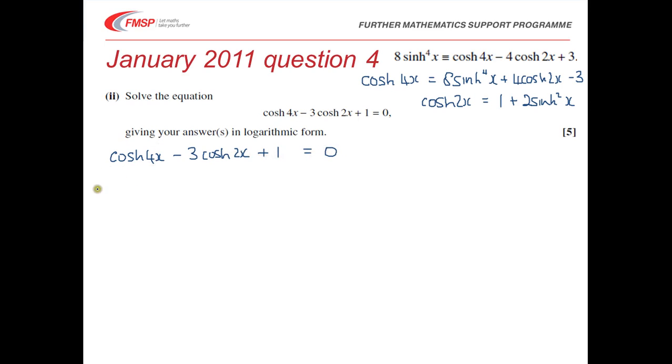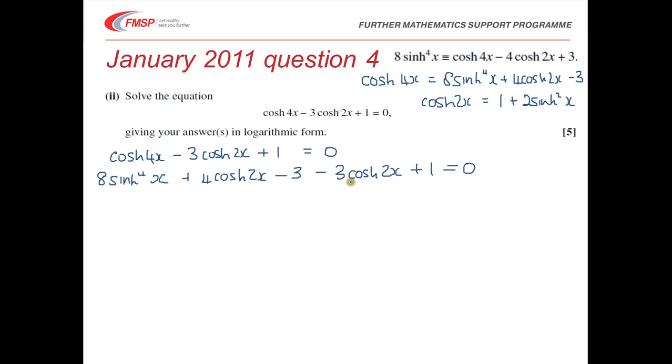So I'm going to have 8 sinh to the power of 4x plus 4 cosh 2x minus 3, that's just from what we did above, and then I'll put the next one in at the next line. So we've got minus 3 cosh 2x plus 1 equals 0.